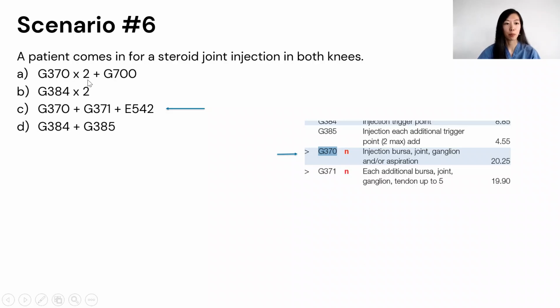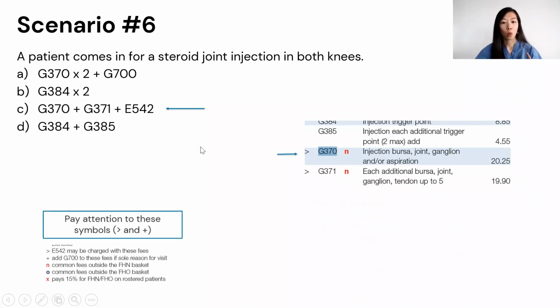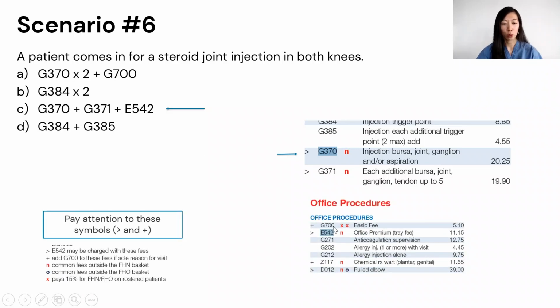So I notice a lot of people will put A as their answer, but the reason it's not A is because for the first knee, you would bill this billing code. Then for the second knee, you would bill this billing code. And remember what I mentioned in the first lecture about these symbols, that you should pay attention to them. It's like a memory trigger to add in one of these tray fees as well. So make sure you pay attention to all of these symbols because there are all of these visual triggers for you.